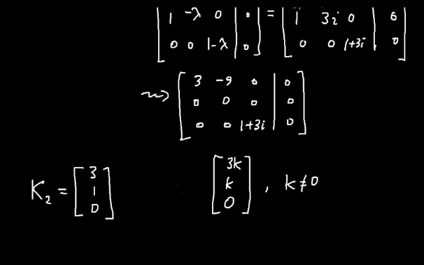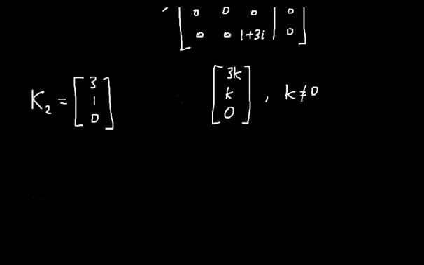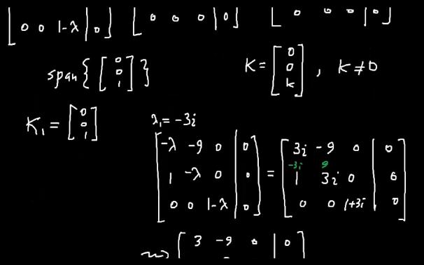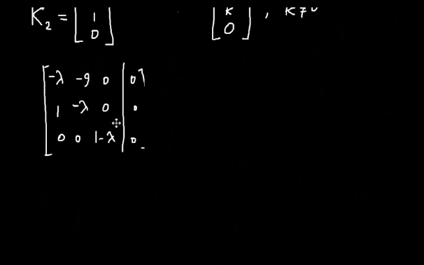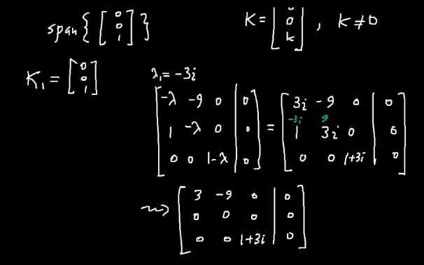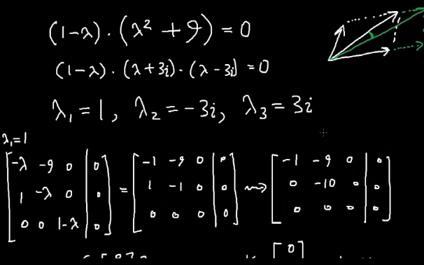Now we are left to find the third eigenvector. And so let's go back to the matrix. It's this matrix we have here. And this time we want lambda to be, previously we had lambda equals minus 3i, and now we want lambda to be 3i.